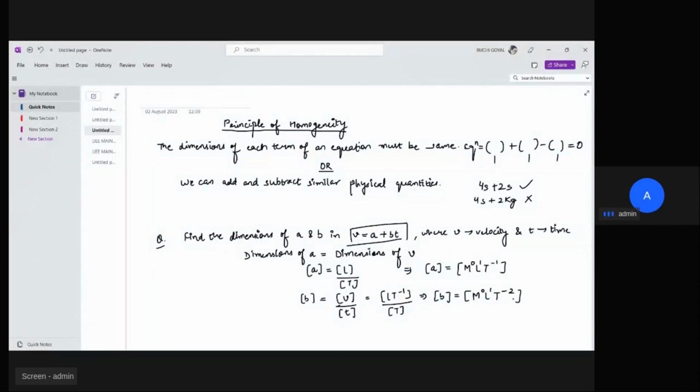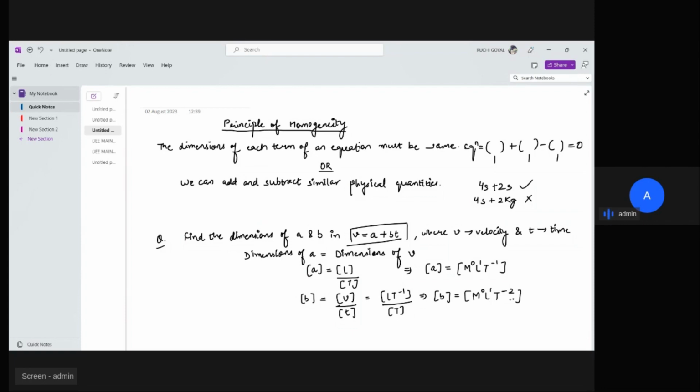So these are the dimensions of B. Correct? Yes or no? Yes. So this is the principle of homogeneity, right?